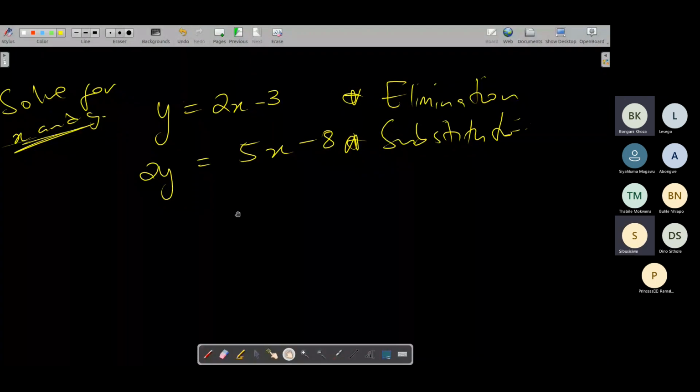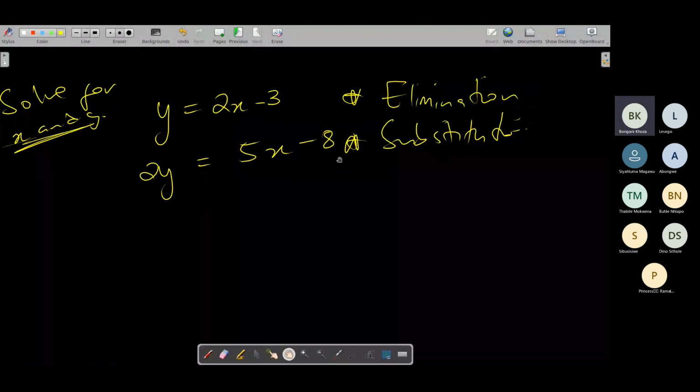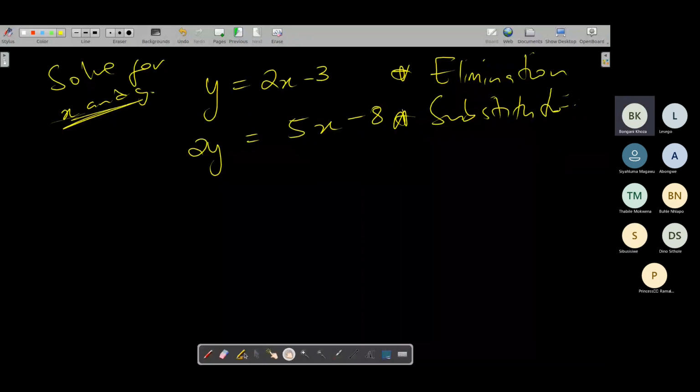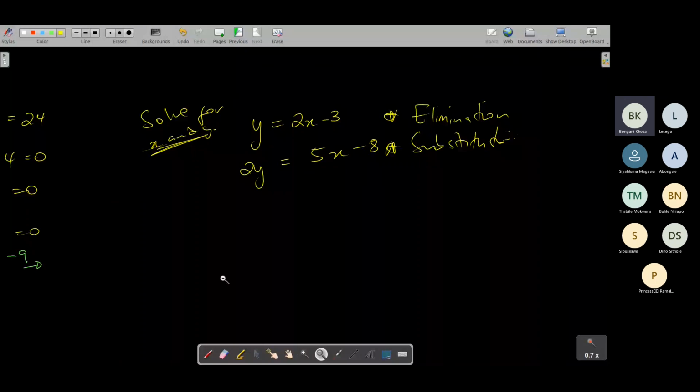Right, let's start with elimination, and then we'll do the same question using substitution. If we are eliminating, what we will write here is this.